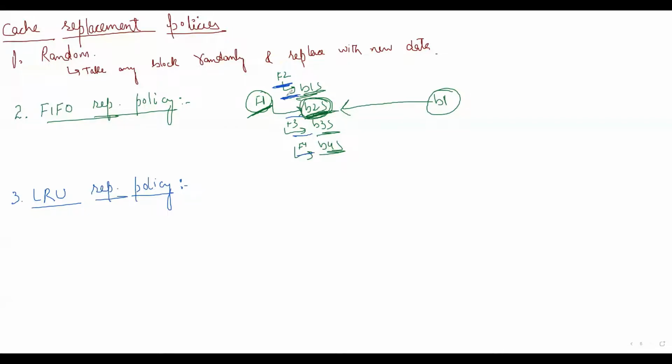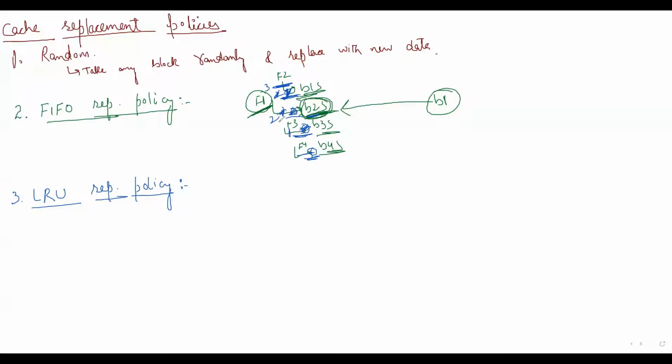Counter here means that let's suppose this was the block that came, we will make its counter 0. Okay, now let's suppose this one came, we will make it 0 and update others, make it 1. Now let's say this one came, it is 0, this will be 1, this will become 2. Now let's suppose this one came, it will become 0, this will become 1, this will become 2, this will become 3.